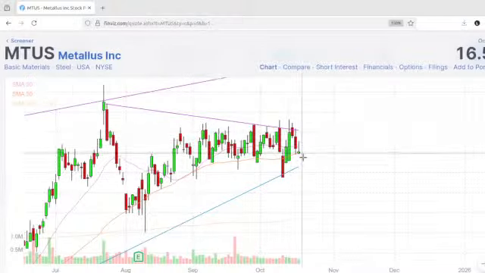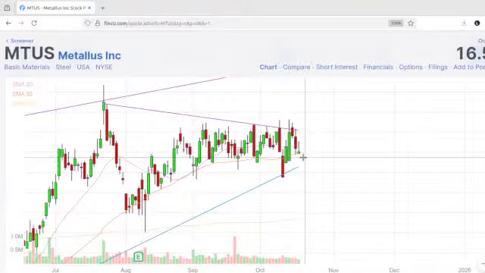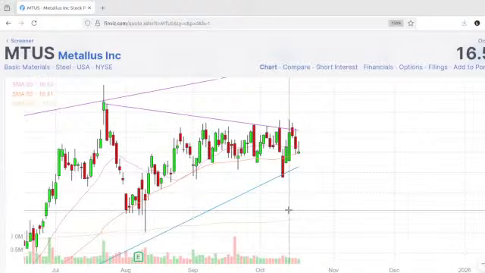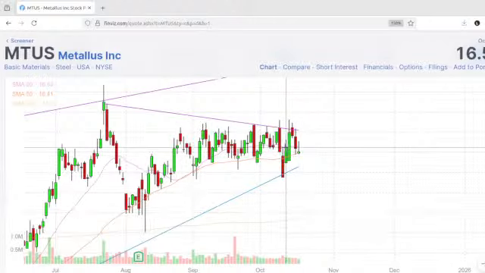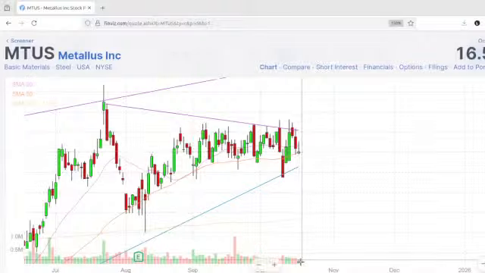And it's sitting right there on the 50-day moving average. It's above the 200-day moving average here, and it's below the 20-day moving average. It's a nice green volume.